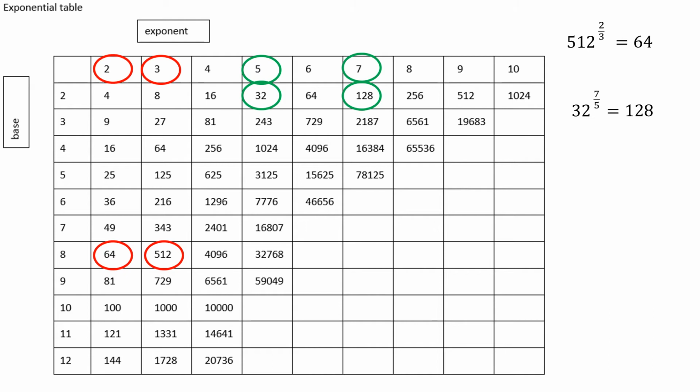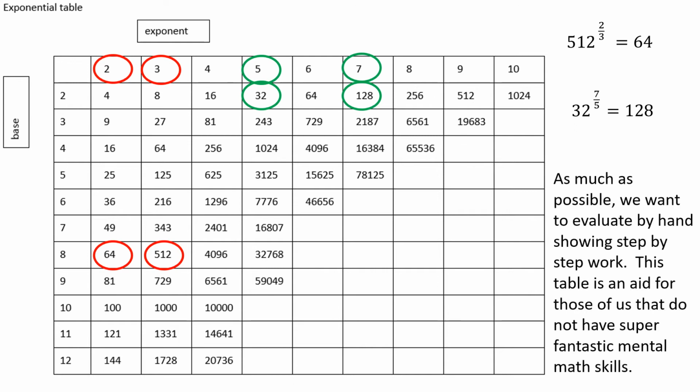And so I'm going to find the number 32 underneath the exponent of 5, but now I want to adjust it so I'm underneath the exponent of 7, and sure enough, there's 128, right? 2 to the 5th power is 32, so when we took the 5th root, we got 2, but then 2 to the 7th power got 128.